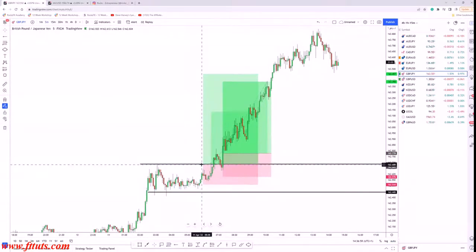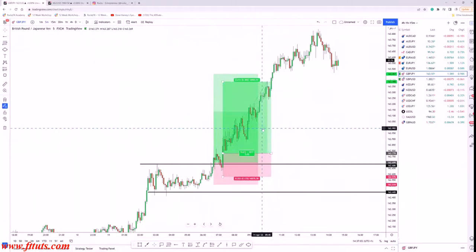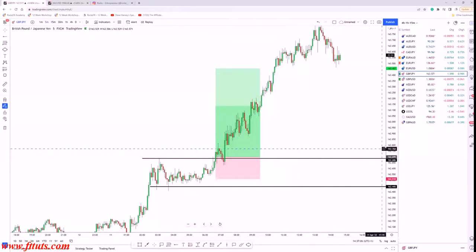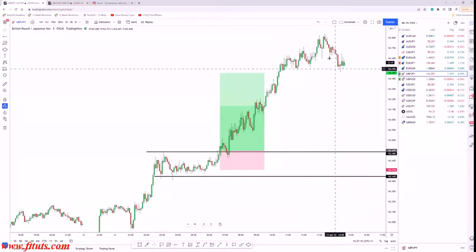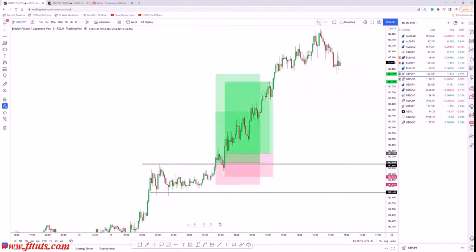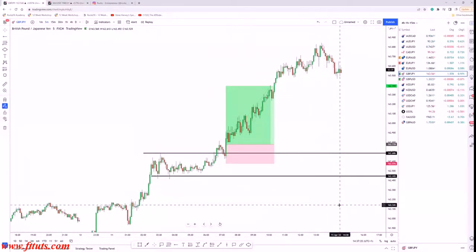Let's remove this one. Is this a good entry? Yes. Where's that other one gone? Is this a better entry? Both of them are exactly the same.